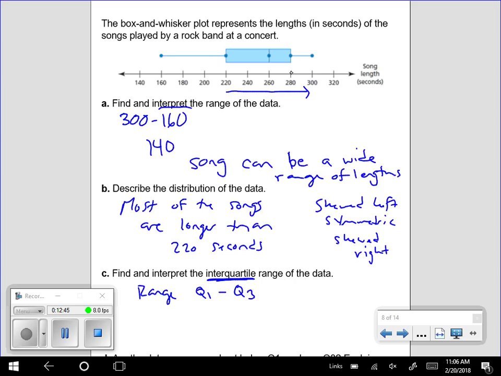Quartile 3 is at 280, and we subtract quartile 1, which is at 220. If we subtract those, we get 60. That's our interquartile range. If we interpret that, we know that most of our data falls within 60 seconds of each other.